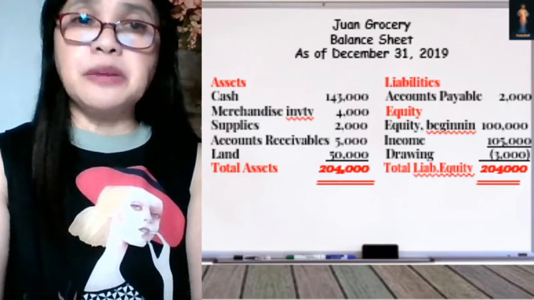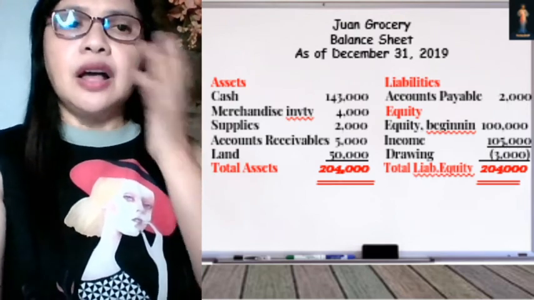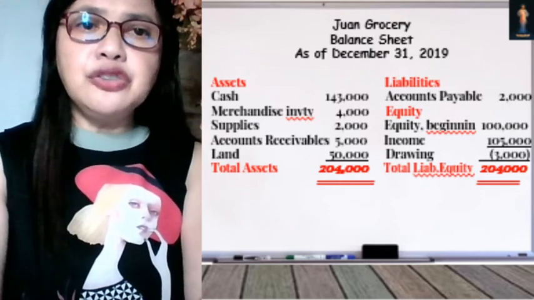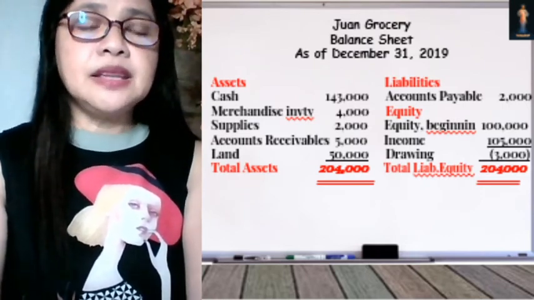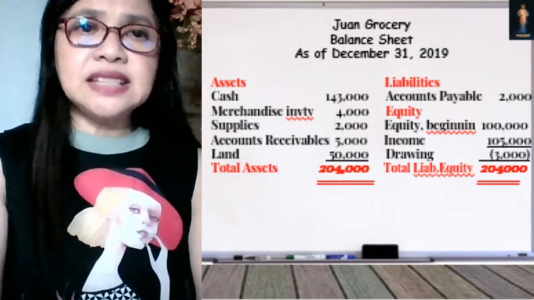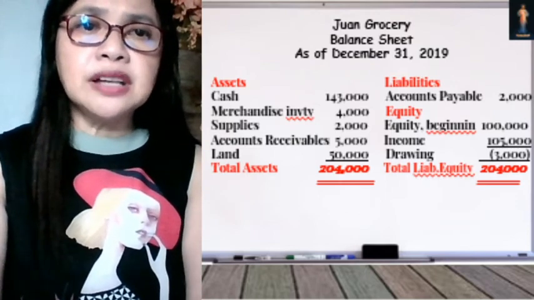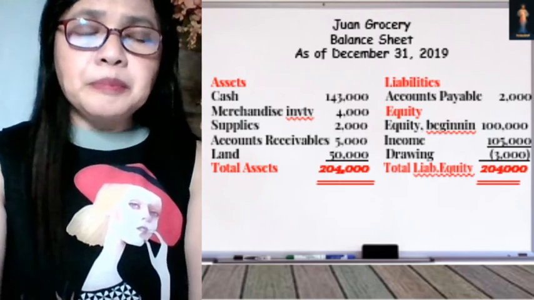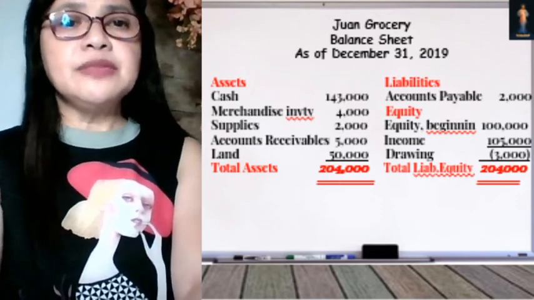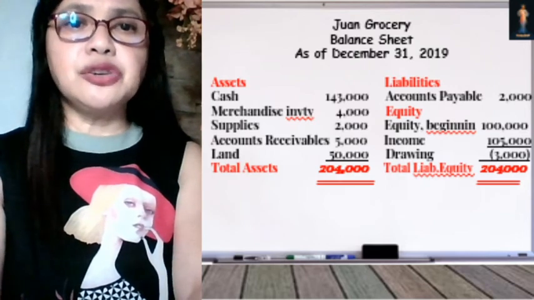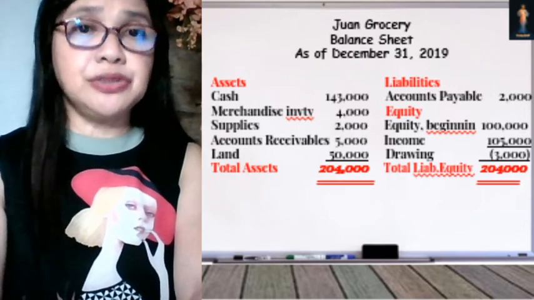In preparing your balance sheet or your statement of financial position, you may use the word "as of," or you may not use it. But in the assets column, you put all the asset accounts. Because we have an adjusting entry of merchandise inventory, we added merchandise inventory at 4,000 pesos.